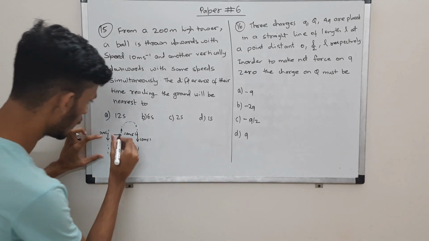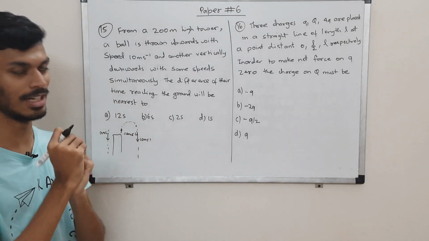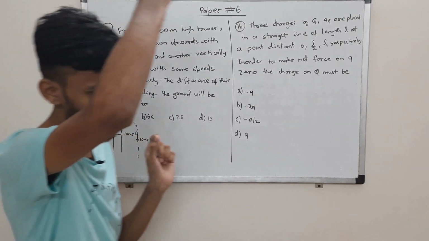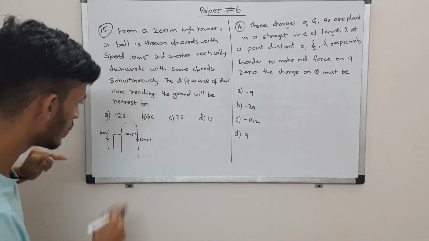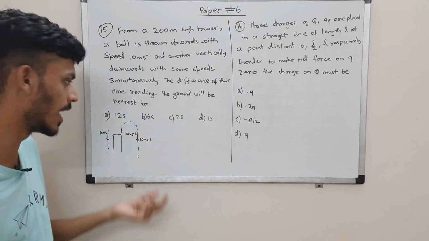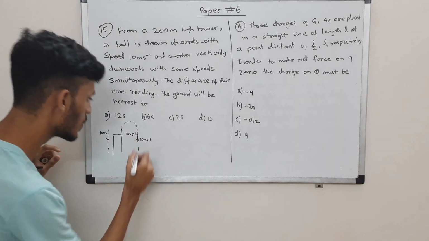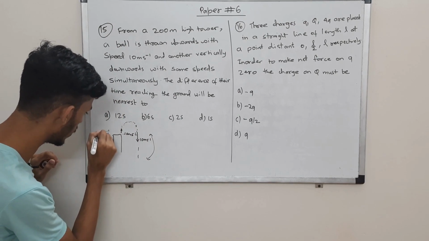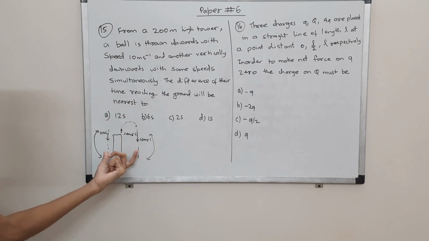When it comes down to the same level, it will gain the same speed, but in the opposite direction, which is 10 meters per second. So this journey from here to here is identical to the journey of the other ball. So this time is the same.